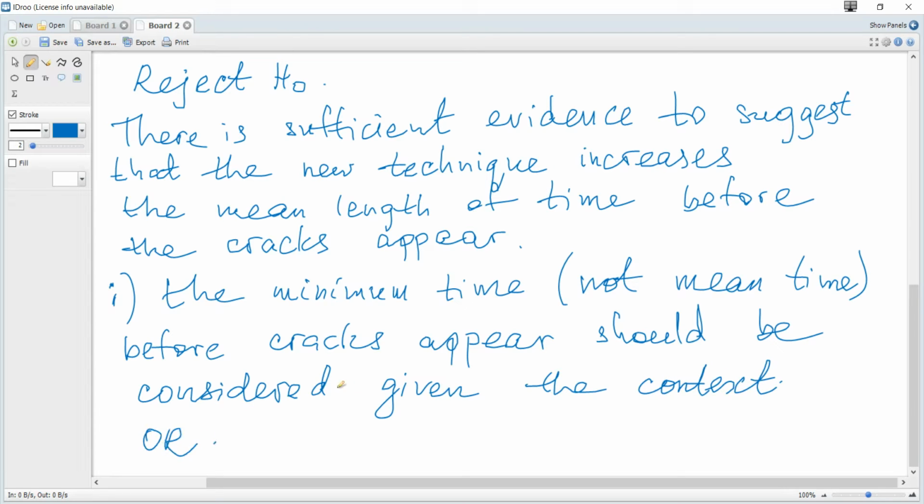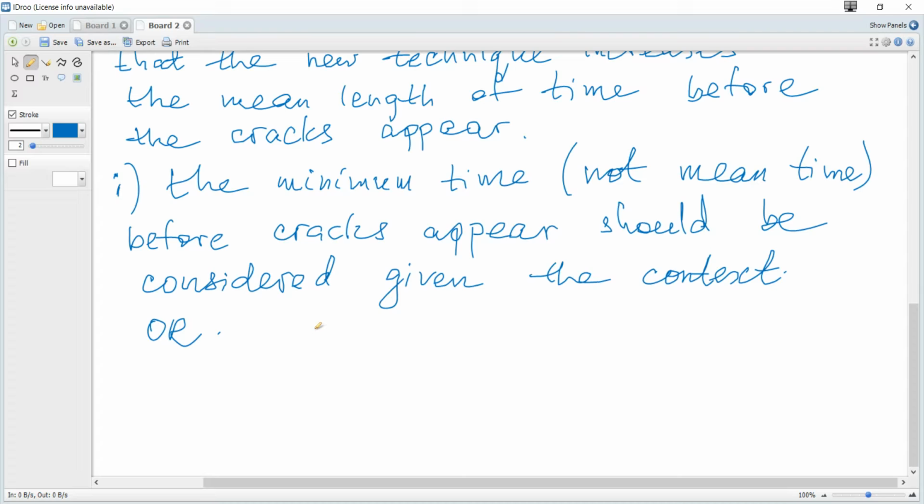Or it would be much better to compare confidence intervals, and a confidence interval gives some mean value plus some interval. It's like something plus minus something, and it would be better to compare here. We will compare two mean times, but it will be more clear and more appropriate.